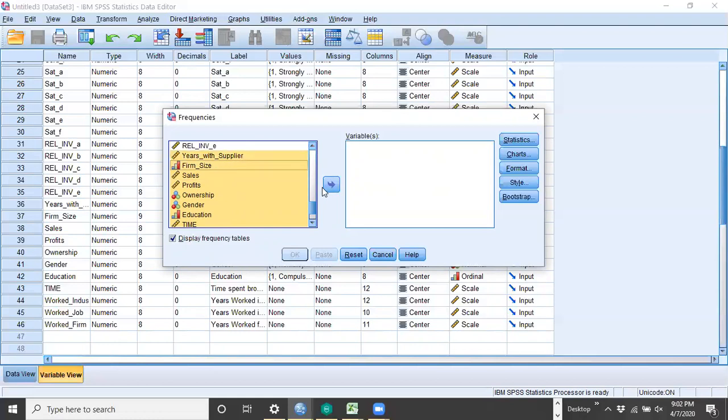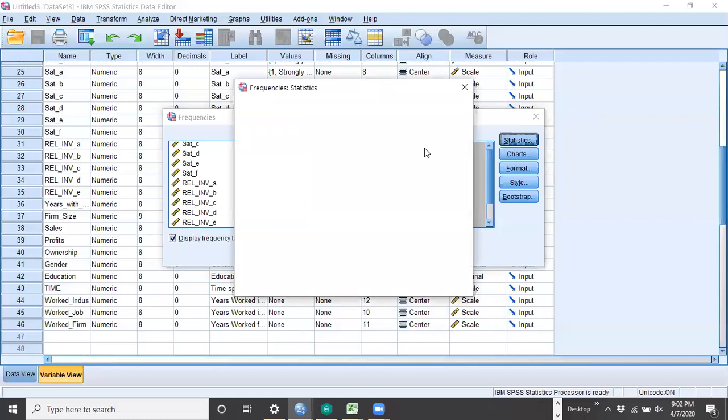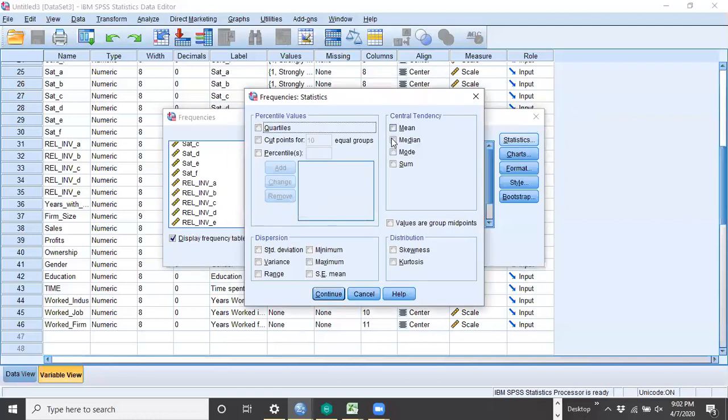So I'll look at all of them at the same time. I move them over. And like I said earlier, I typically ask for central tendency: mean, median, mode. I don't usually ask for sum. And then dispersion, I like to ask for minimum, maximum, standard deviation, sometimes variance, but I typically deal with standard deviation.